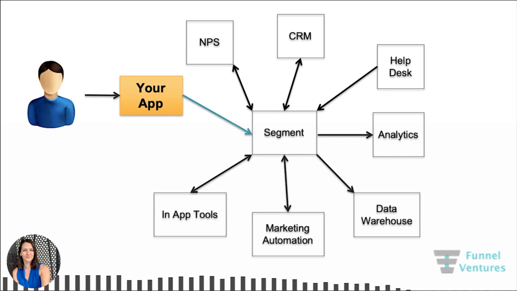So let's say we're using Help Scout as our help desk and we want to replace that with Zendesk. We want to be able to do that without having to get a whole lot of effort from the developer to make this change. And with this architecture where things are hub and spoke, you're able to do that pretty easily without having to get the developer involved.